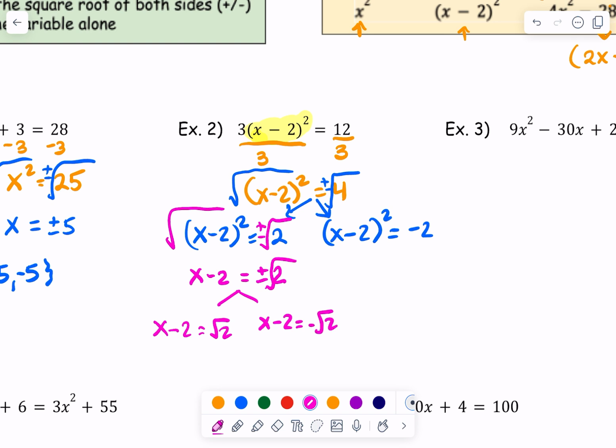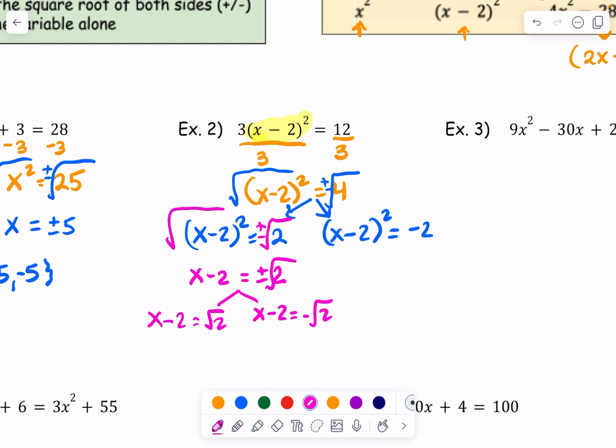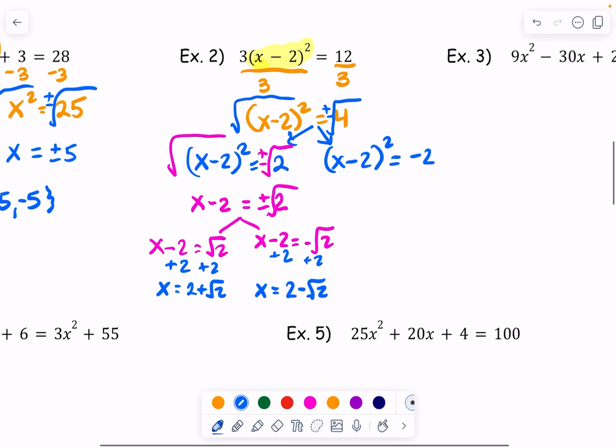Now, technically, you don't have to get crazy with this because you could have put plus or minus on that, but we're going to do this out. So this is going to be plus 2. So the first x is 2 plus square root of 2. The next value that we have is x is equal to 2 minus square root of 2. Now, sometimes people will just write this 2 plus or minus the square root of 2, but we need to identify that that's actually two values.